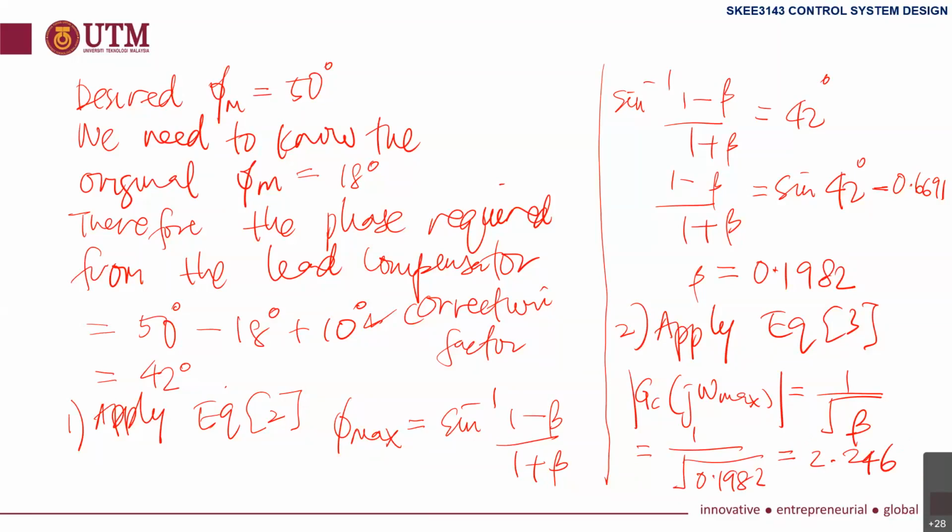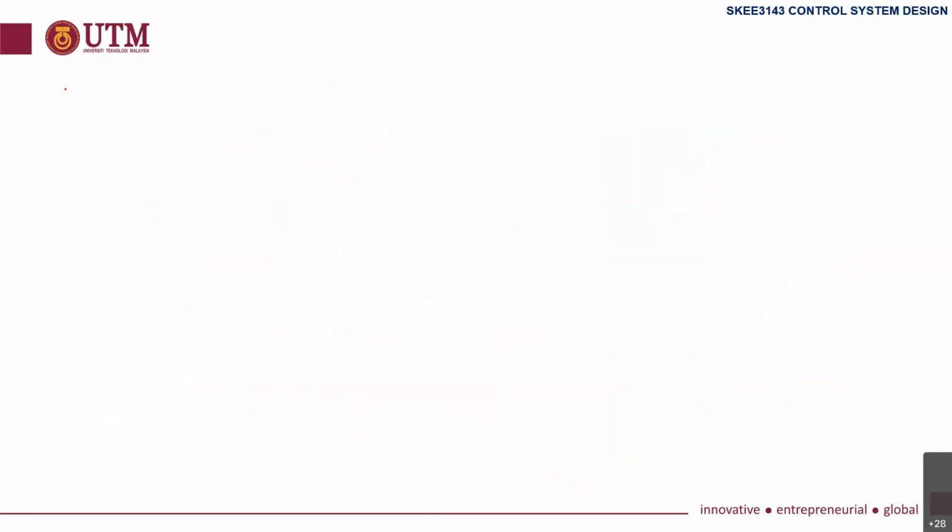But we want it in dB because we are dealing with the dot plot in dB. So next, we also want the magnitude of C J omega max in dB.